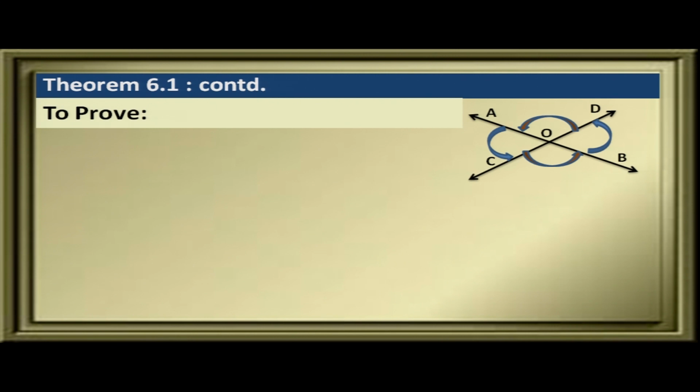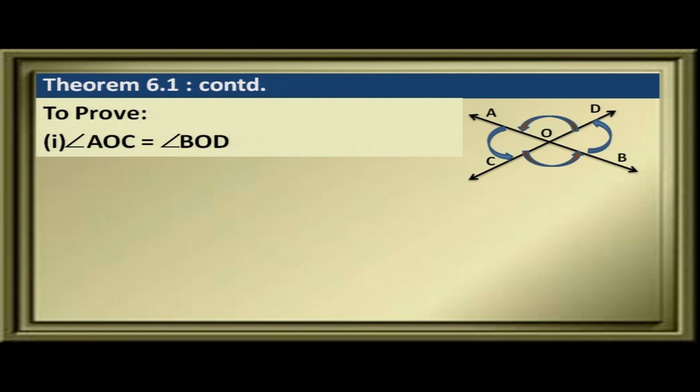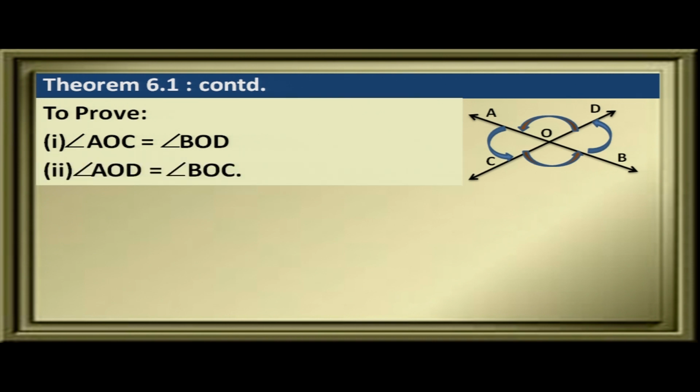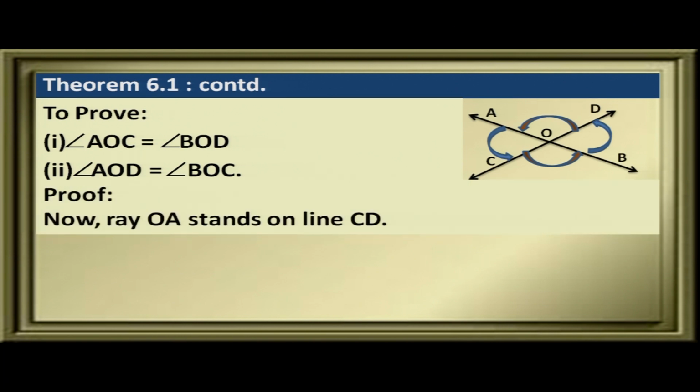To prove this, what to prove here? We have to prove that vertically opposite angles are equal. That means angle AOC is equal to angle BOD and angle AOD is equal to angle BOC. For this, let's start the proof. Now, you see the ray OA stands on the line CD.